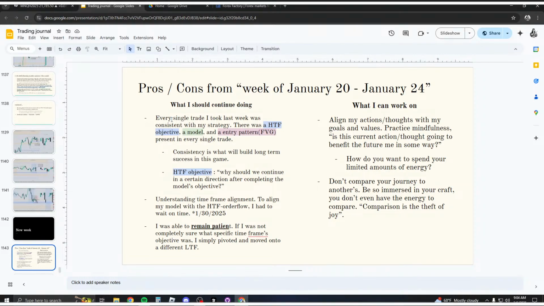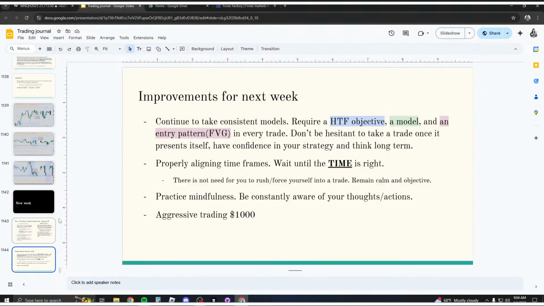It could be a bad thing, it could be a good thing, depending on how you view it. But in the general scheme of things, just don't compare. Comparison is only going to hurt you, and it really is the thief of joy, right? But yeah, so that's the pros and cons here.